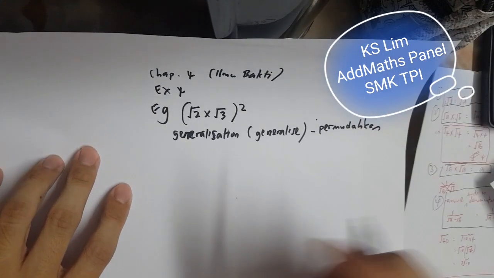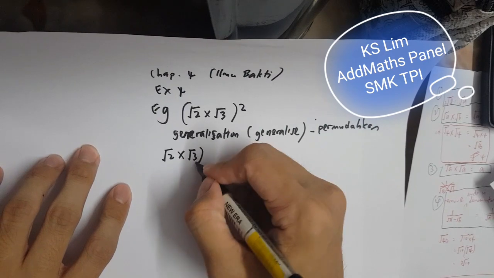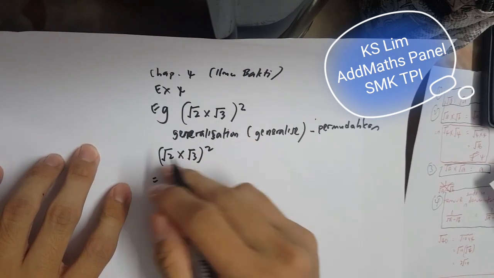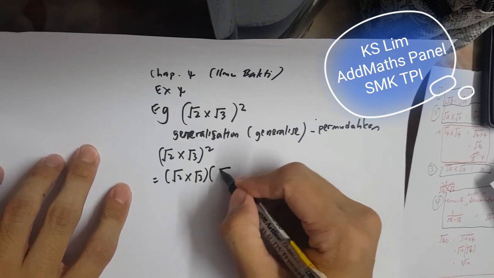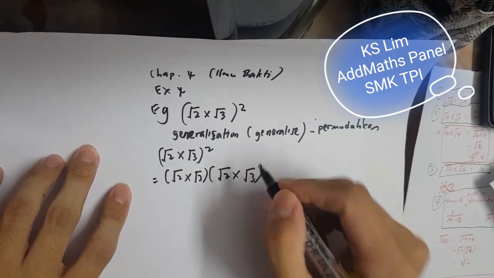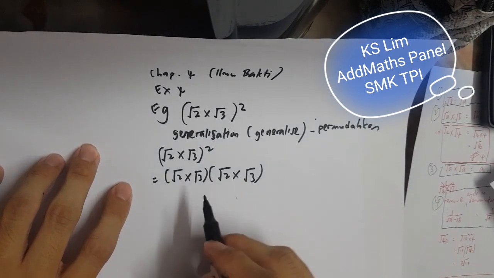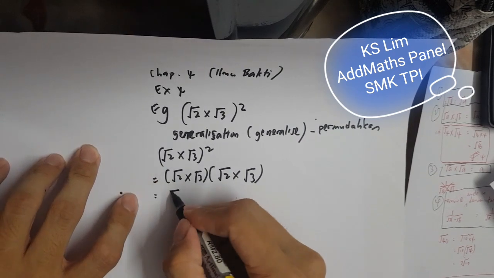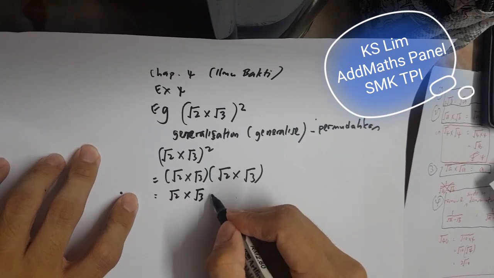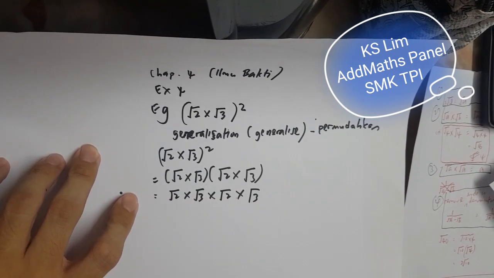In order to solve this question, I simply write down the question first. This square means this one two times. Now these are multiplied to each other, so square root 2, or I write it like this, because they multiply each other.